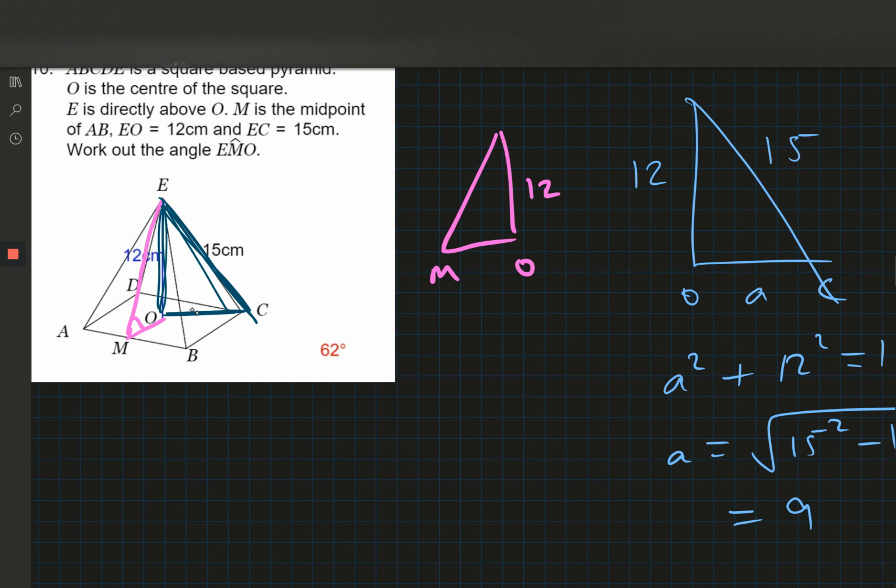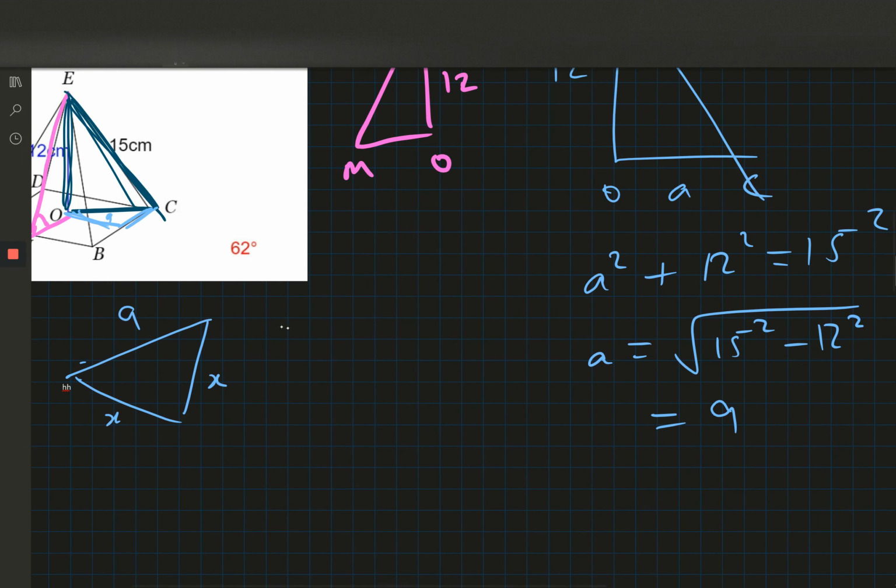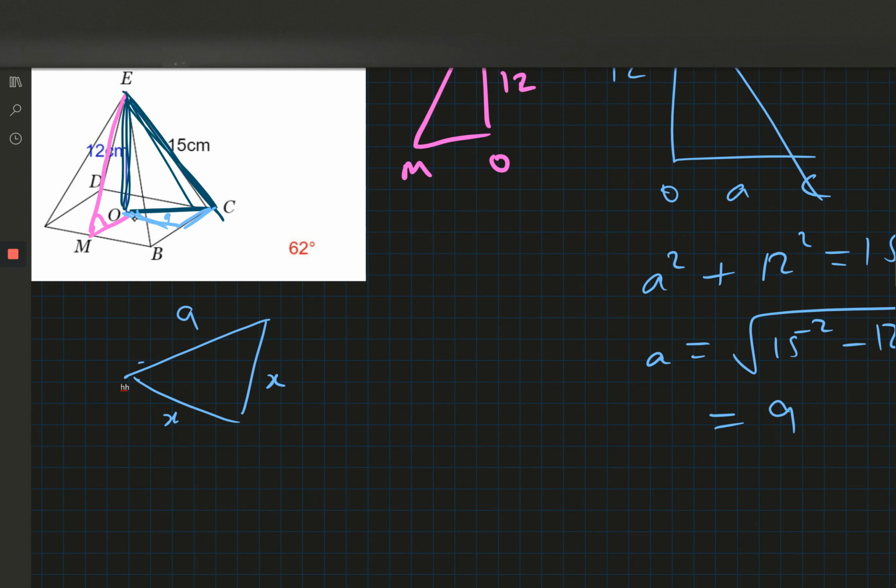Now, if we know that this length is 9, just like the previous question, if we're looking at that from above, the length is 9. This triangle we get here is a right angle triangle. So again, we're just going to call this X. We're going to call this X. So we're going to work out what X is. Once we have that X length, that length is going to be the same as OM.